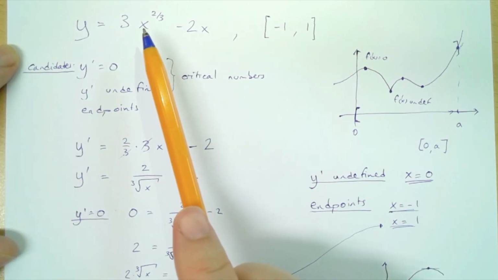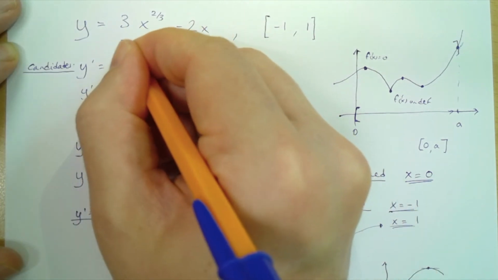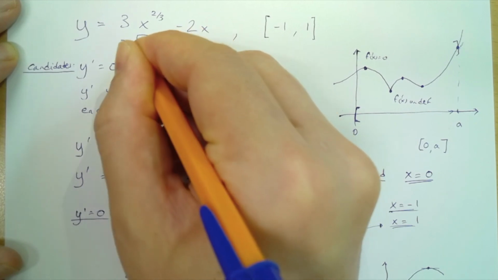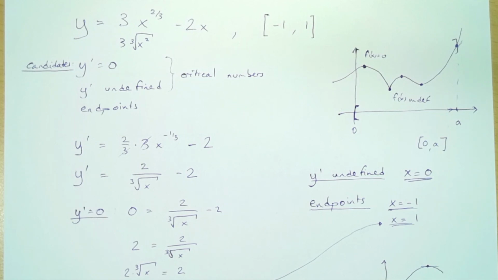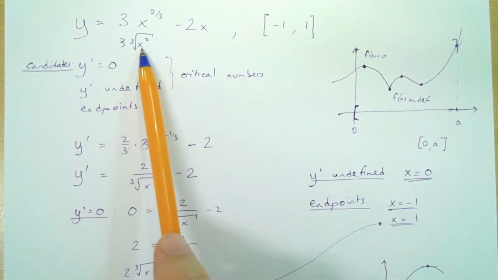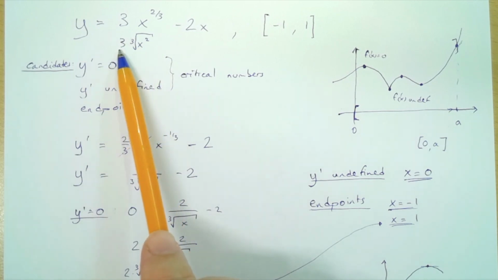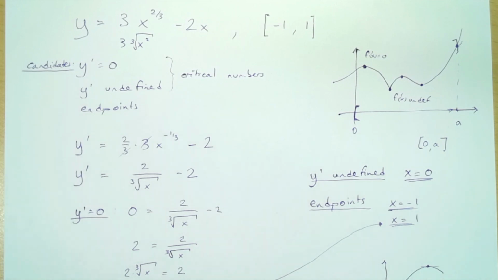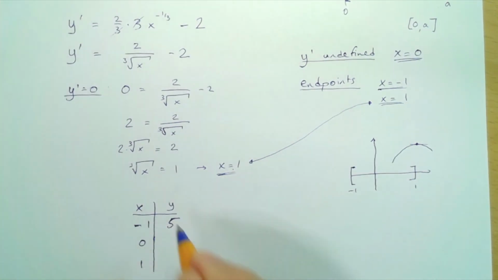So x equals negative 1, this can be written 3 times x squared cube root. So when x equals negative 1, it becomes the cube root of positive 1, which is 1. 3 minus 2 times negative 1, which is 3 plus 2, and so the answer is 5.